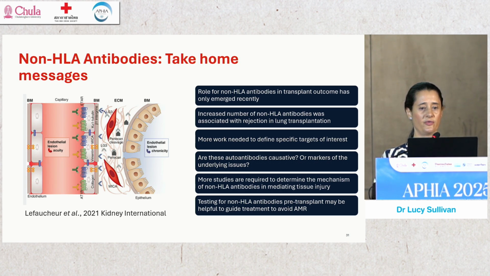The bigger questions that we need to answer are: are these antibodies actually causing the rejection, or are they just a marker that something bad is happening in the post-transplant course? There are a lot more studies that need to be done to determine the mechanism of injury.